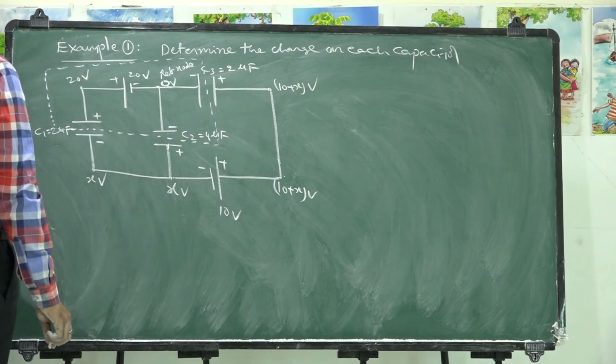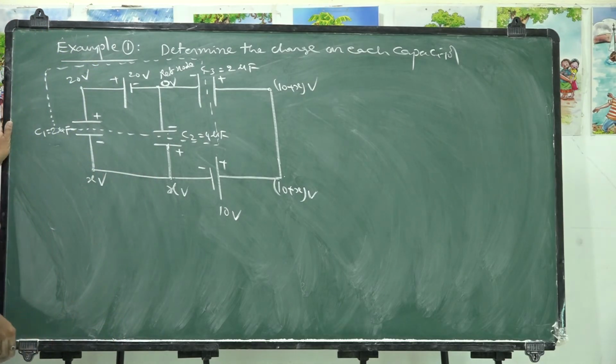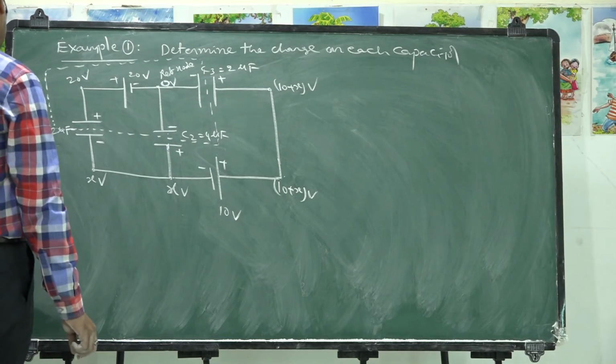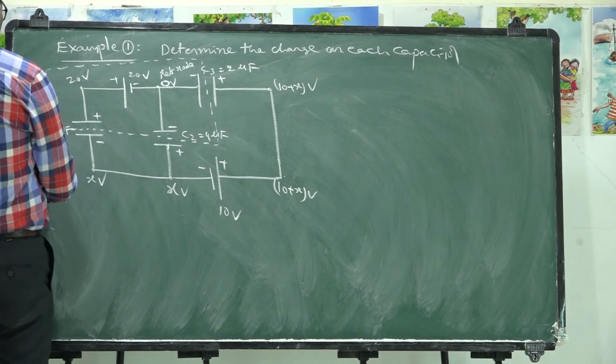Now I need to apply conservation of charge, and I need to get an equation. The charge available on the first capacitor is Q1.